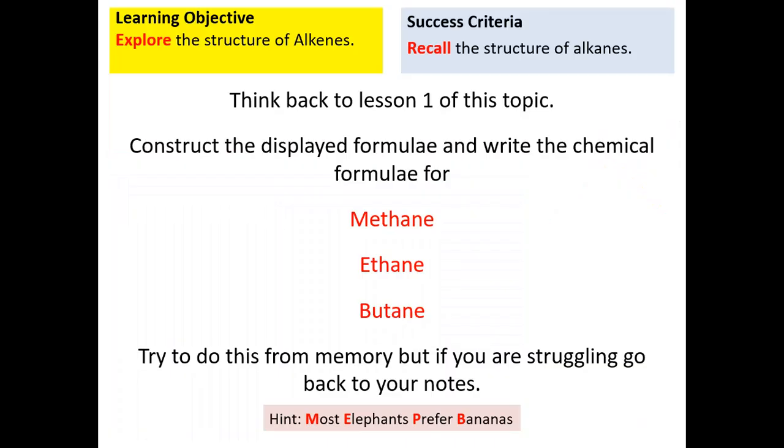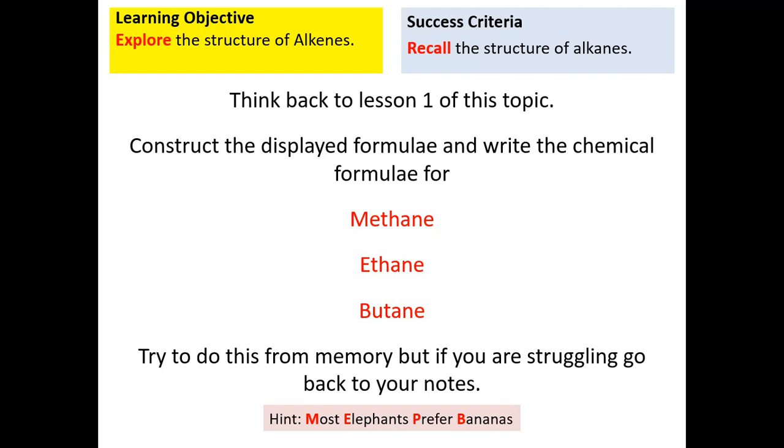So either using your notes, but preferably not, I want you to think and I want you to draw the displayed formula. So that's where you can see all the bonds, and I want you to write the chemical formula for methane, ethane and butane. So remembering that the order goes in MEPB, we've actually missed one out.